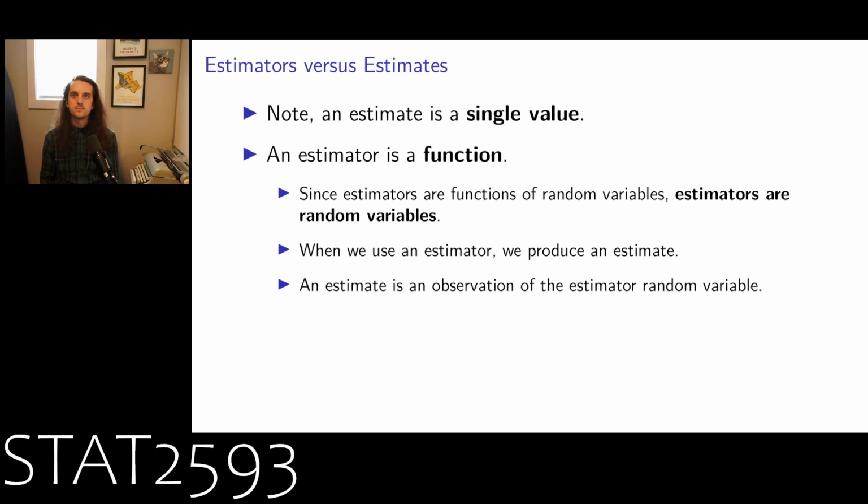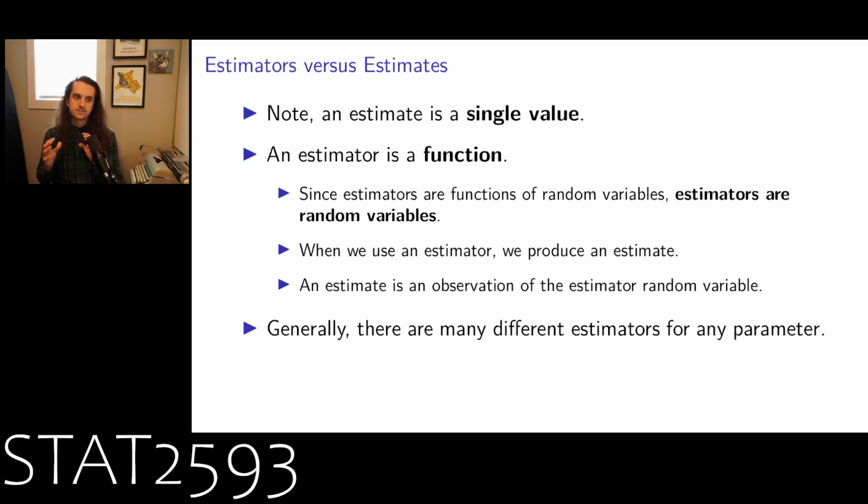In the same way that we thought about capital X being a random variable and lowercase x being an observation, the estimate is going to be our observation from the estimator. So you can think about estimates as being drawn from their sampling distribution. And so if you knew that the sampling distribution was normal, then the estimates are going to be realizations of a normal distribution.